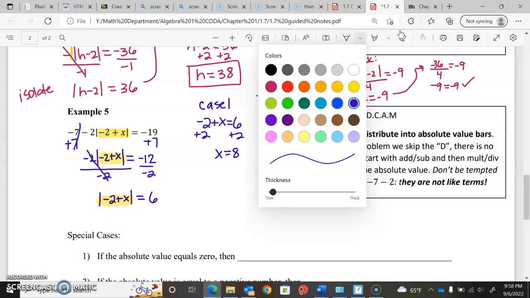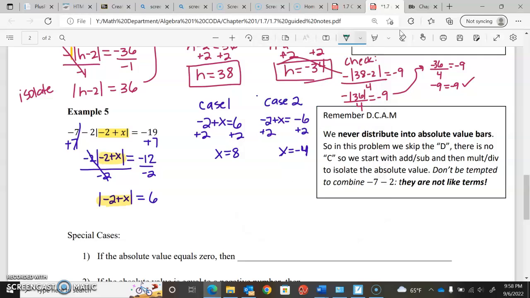Okay, and then to check our answers, go all the way back to the beginning, to the original problem. Let's first plug in 8. So -7 minus 2, absolute value, -2 plus 8, equals -19. Now order of operations, do inside the absolute value bar first. So that's 6.